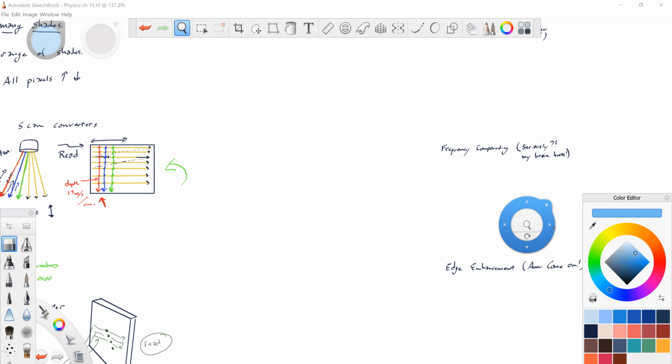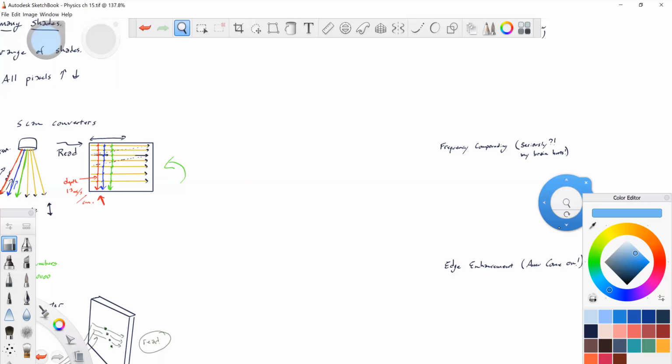Okay, I see what they're saying. Pixel element. Well, let me pause and make sure I say this right, guys, because this is a tongue twister. A pixel is a pixel is a pixel when we're talking about the screen itself.